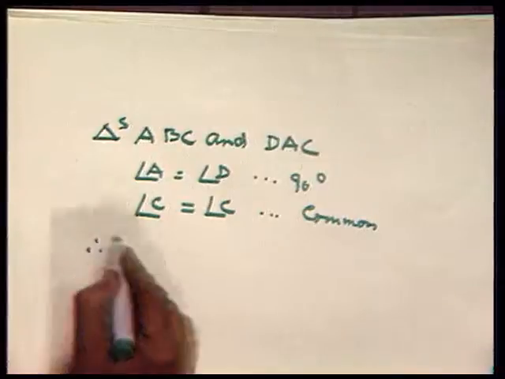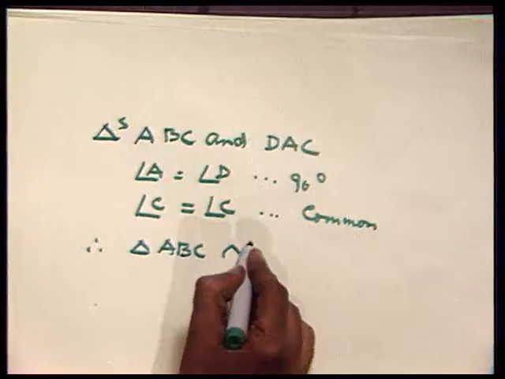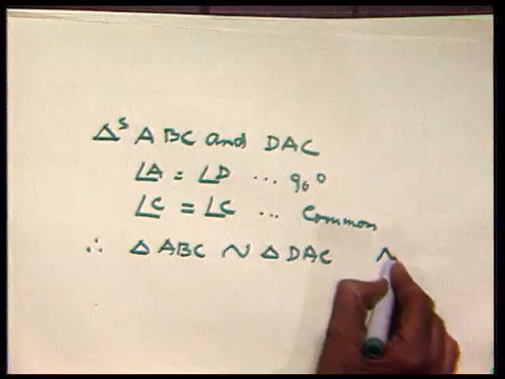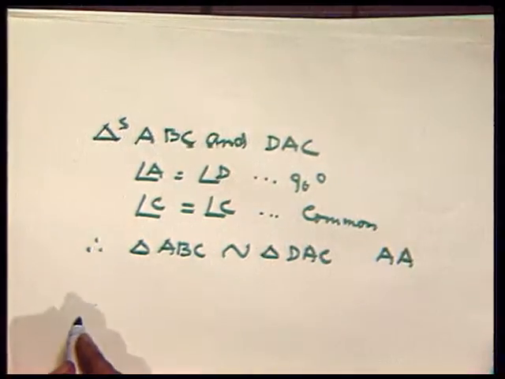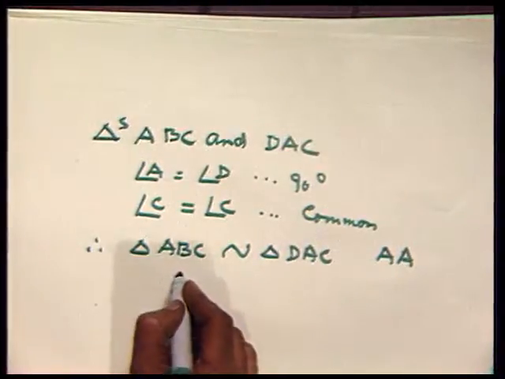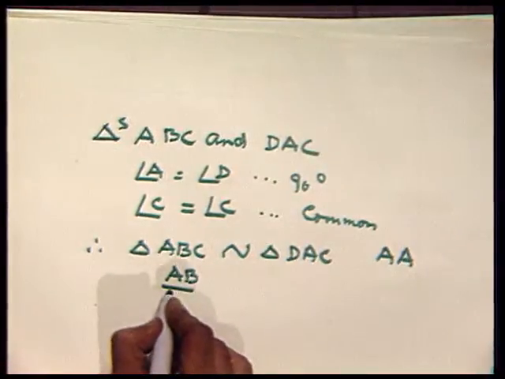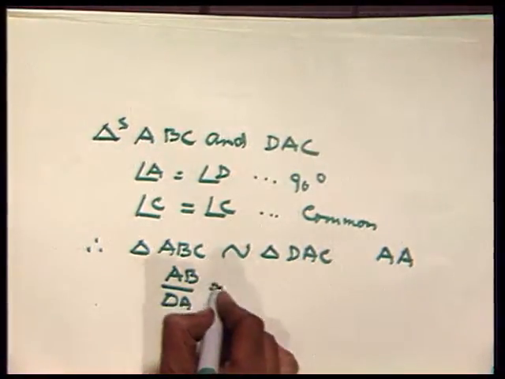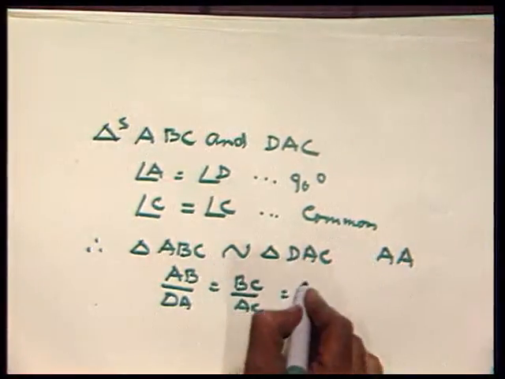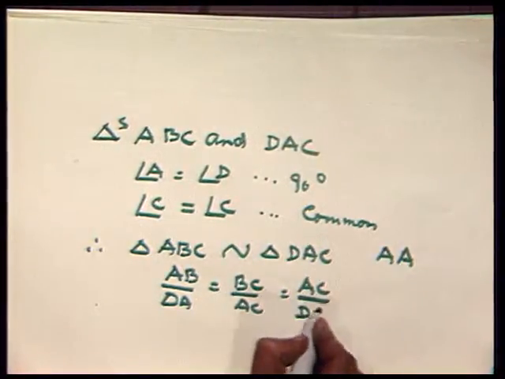and therefore, we can say that triangle ABC is similar to triangle DAC by AA similarity. Since these triangles are similar, their corresponding sides will be proportional, that is AB upon DA will be equal to BC upon AC is equal to AC upon DC.